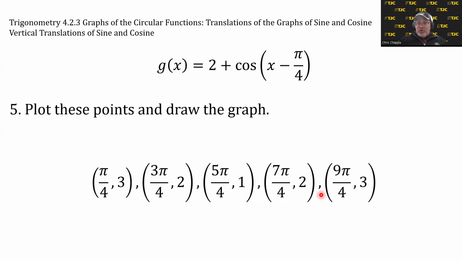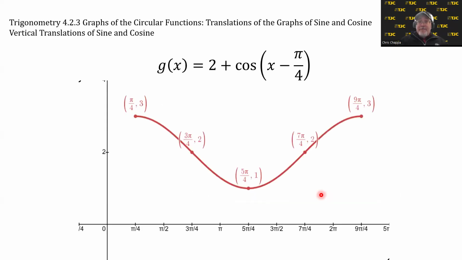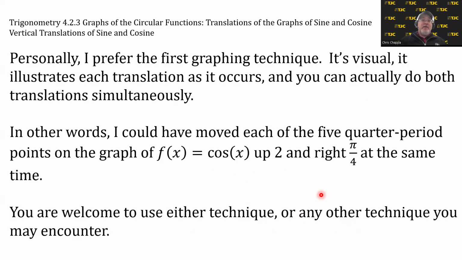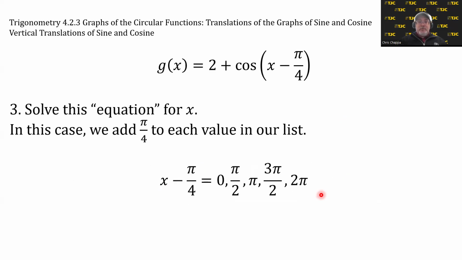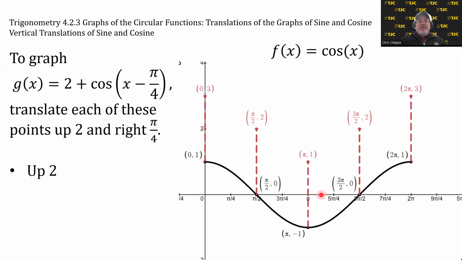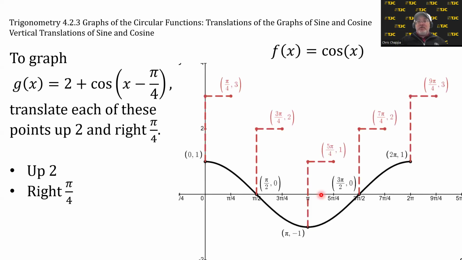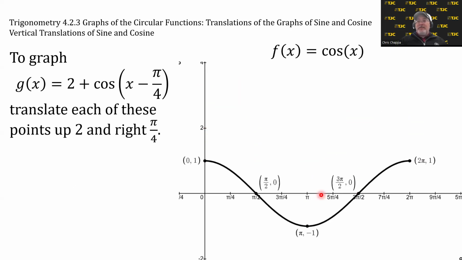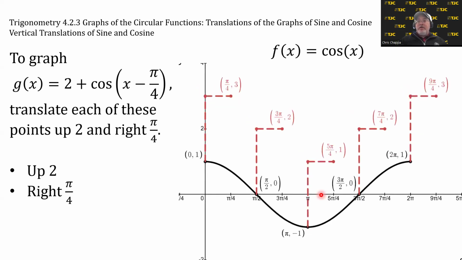Now, there's the ordered pairs. You plot them, you draw the graph, you get the same graph as before. Personally, I prefer the first graphing technique. It's visual. It illustrates each translation as it occurs, and you can actually do both translations simultaneously. In other words, back here, I could have moved all these points both up and over simultaneously and gone directly from here to here without having a pause in between.